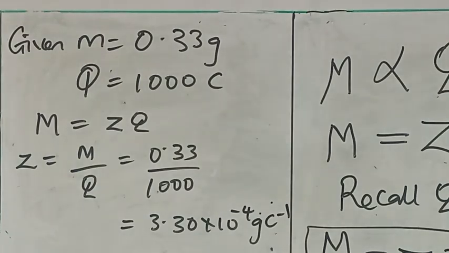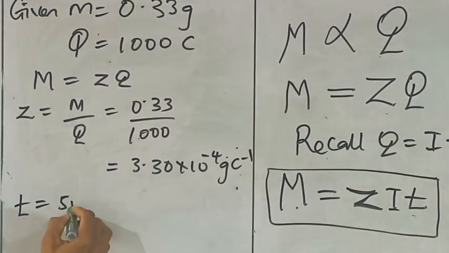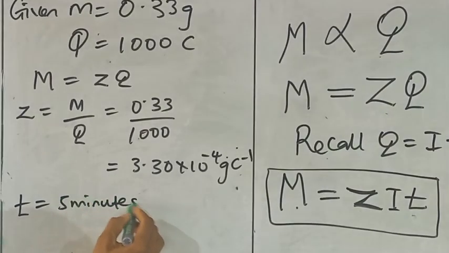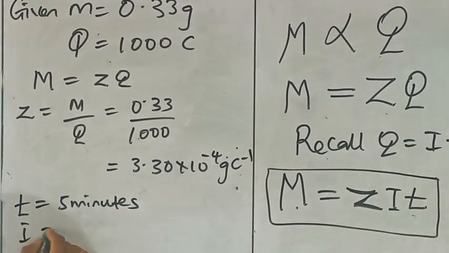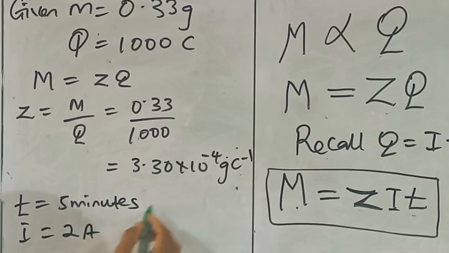Now, the time is given as 5 minutes, T is 5 minutes, and current I is given as 2 amperes.